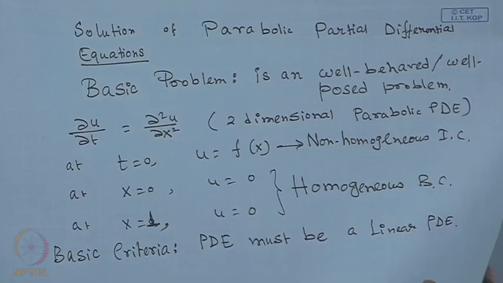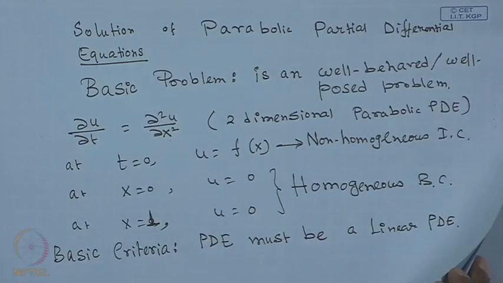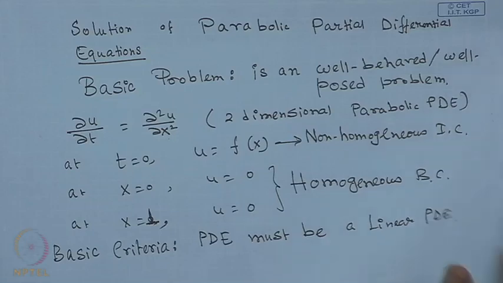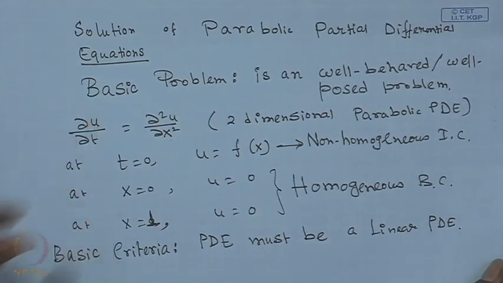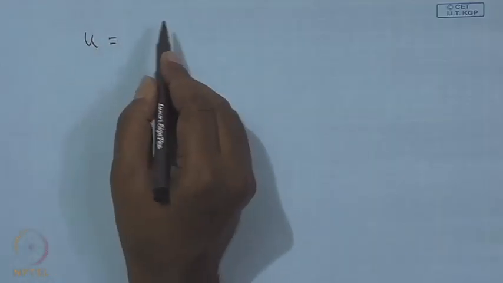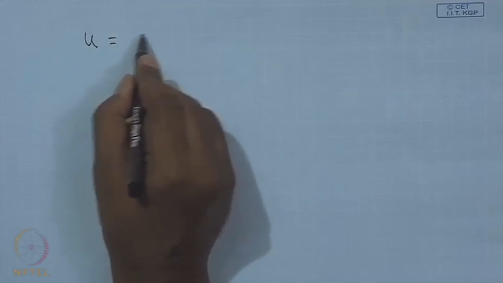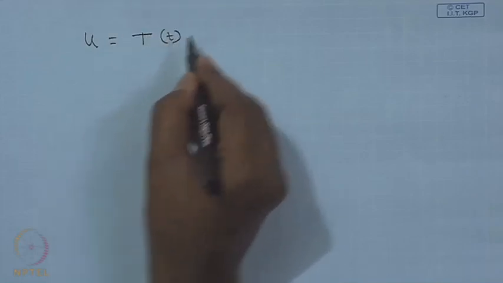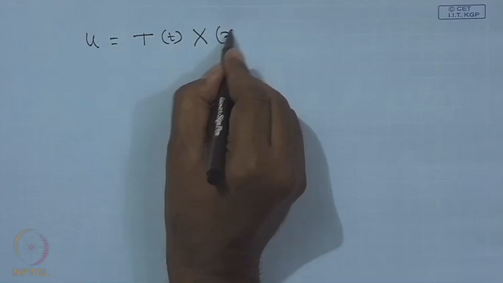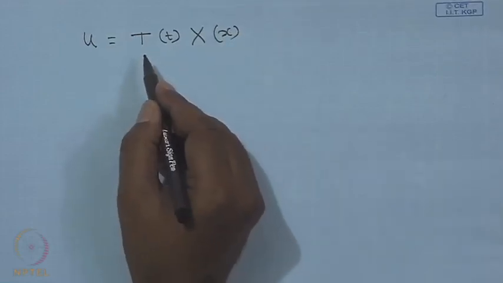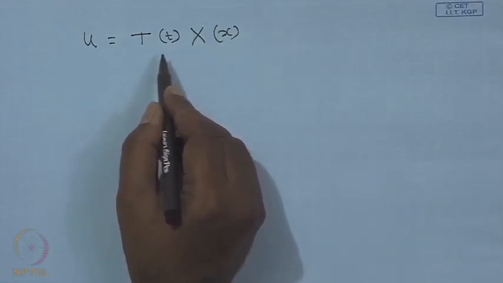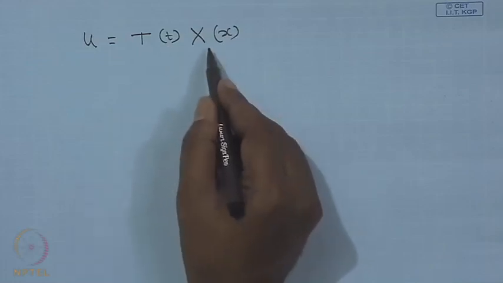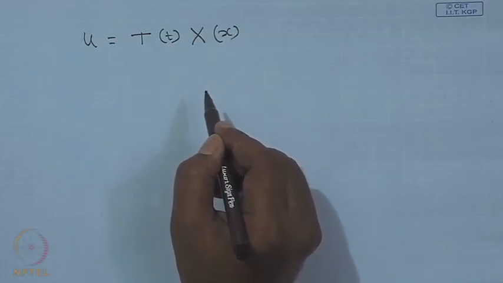Now, as I said, the separation of variable method assumes the solution u is composed of a product of two functions, one a function of time alone, and one a function of space alone. So, u is a product of a function of time multiplied by a function of space only. The function capital T is a function of time only and X is a function of space only.